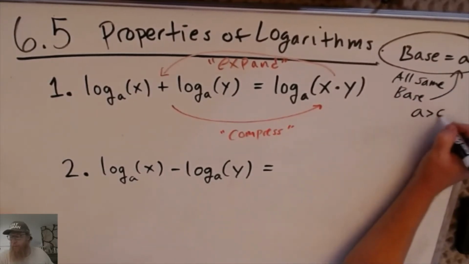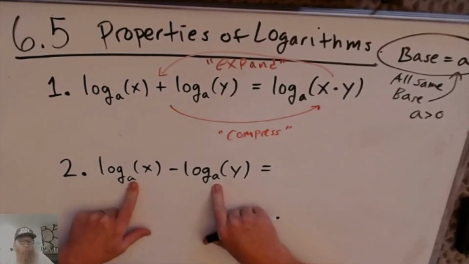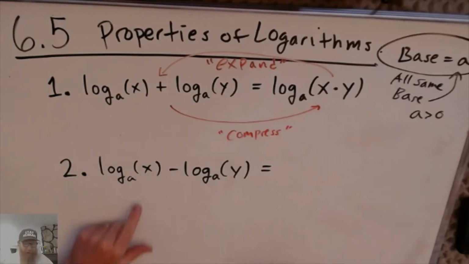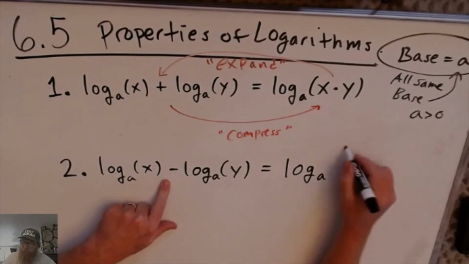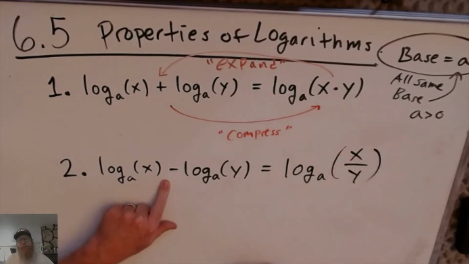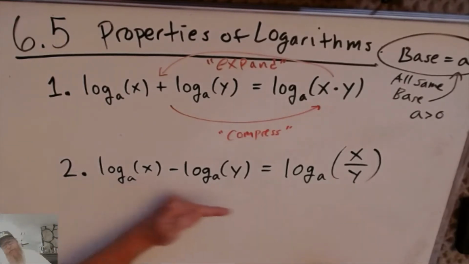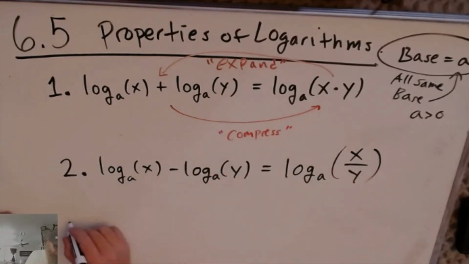And A is, of course, greater than 0, some base A. Some books, and if you Google this or look these formulas up on the internet, they often will use base B just because the word base starts with the letter B. But I've been using A ever since we started chapter 6.1, so I'm going to stick with A. So the difference of two logarithms is the quotient of their arguments, x divided by y. And again, if you go this direction, it's compressing. If you go the other direction, it's expanding.